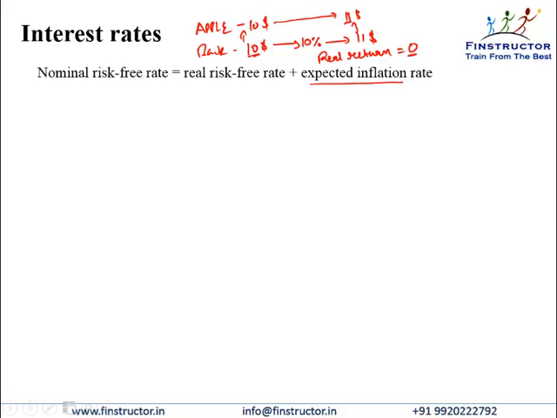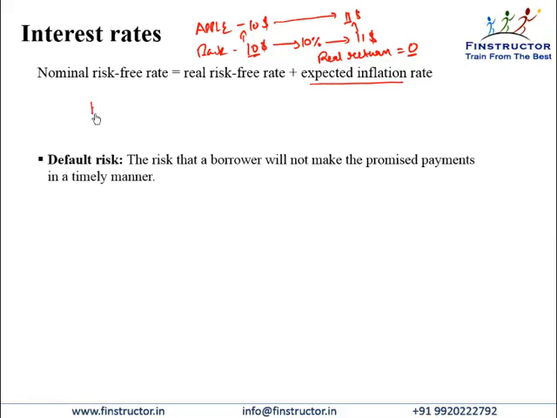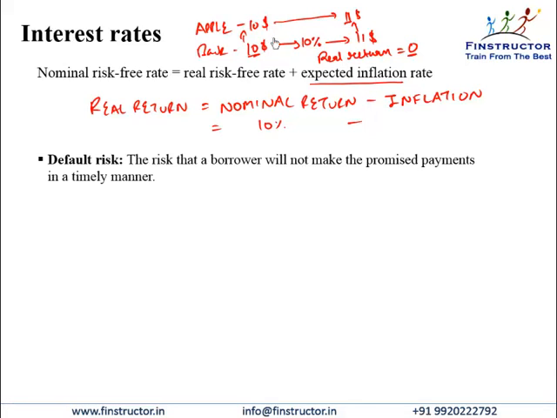So remember, a real return is calculated as the nominal return minus inflation. In this case, the nominal return was 10%. However, the inflation in the prices of goods was also 10%.